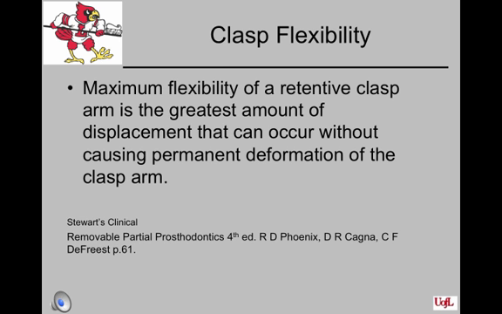Retentive clasp arms are the most common way that direct retention is achieved. The flexibility of the retentive arm allows the direct retainer to cross over the height of contour of the abutment tooth and settle into an undercut of a measured amount that is appropriate for the type of metal used and the choice of clasp that has been determined in the design by the dentist.